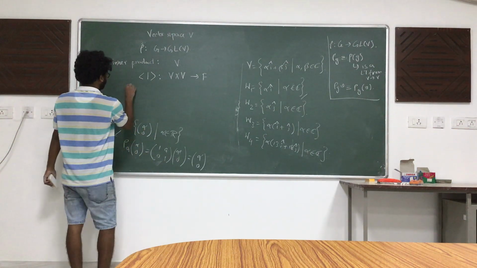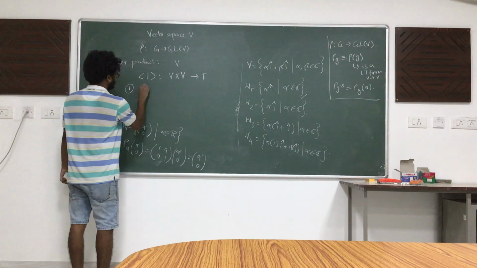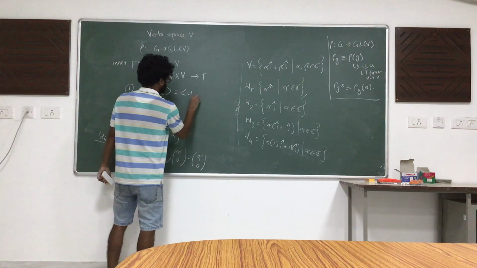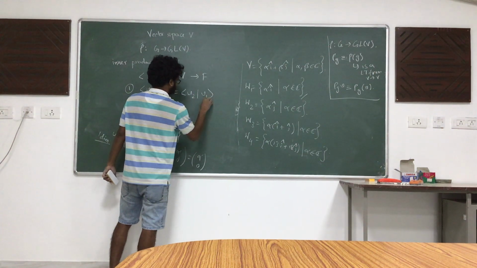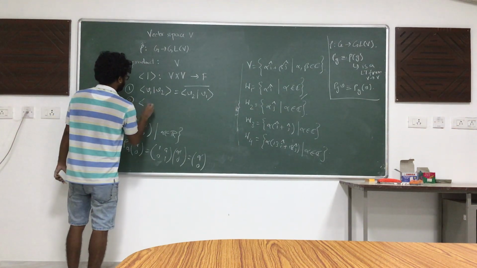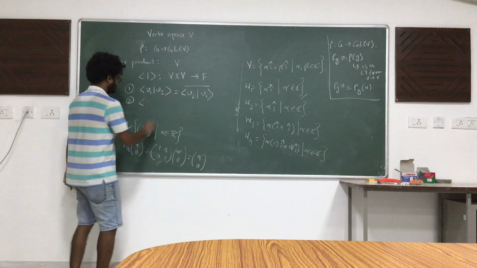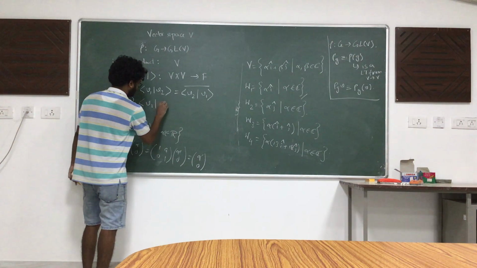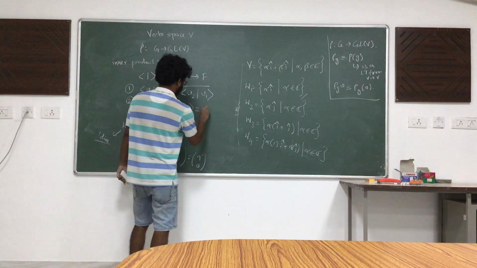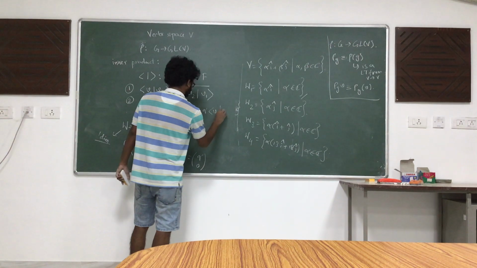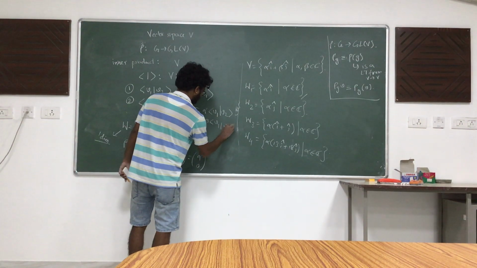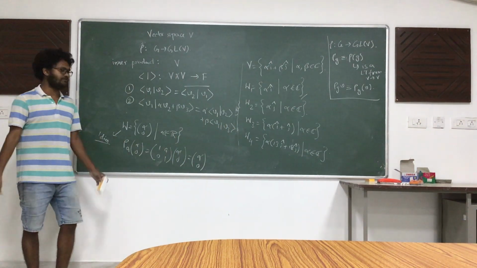And it should satisfy the following three properties. Linearity in the second argument in our case: the inner product of v1 with alpha v2 plus beta v3 equals alpha times the inner product of v1 with v2 plus beta times the inner product of v1 with v3. And what is the third condition?